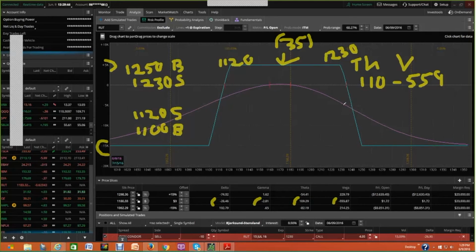Is it going to be as easy as executing an Iron Condor? No, but let me ask you, in life, as an options trader, can you usually have your cake and eat it too? Say no. No, right?